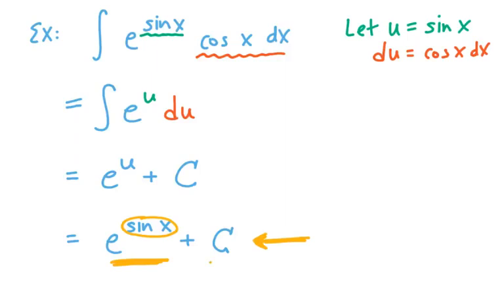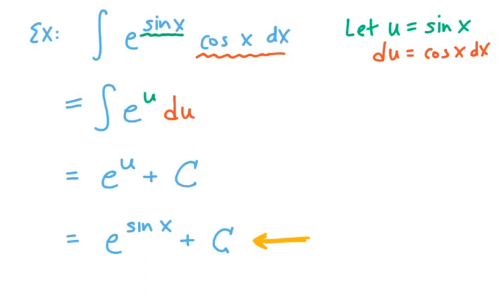The derivative of the c here would be 0. So what we just said out loud sounds a whole lot like what we started with, which was e to the sine of x times cosine of x. So anytime you have integration, of course, you can check your work by differentiating the result and making sure it matches what you started with.